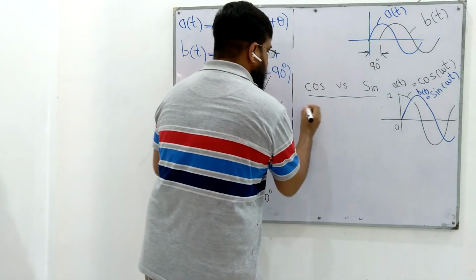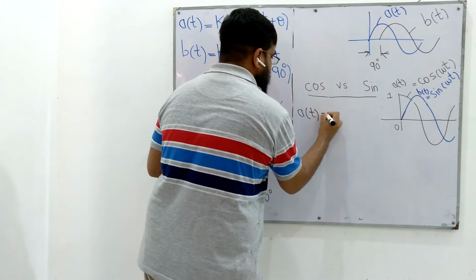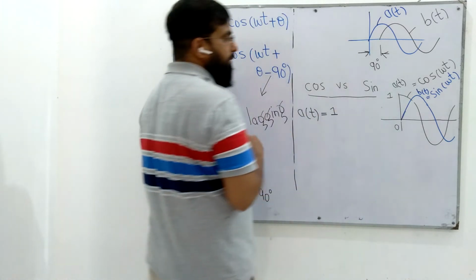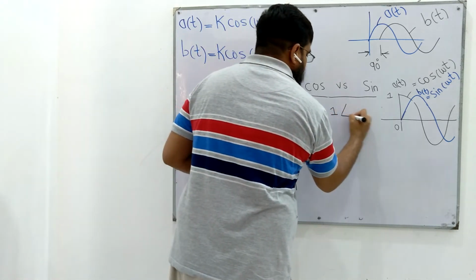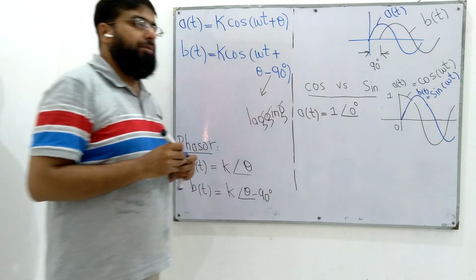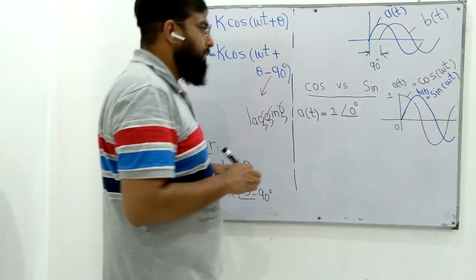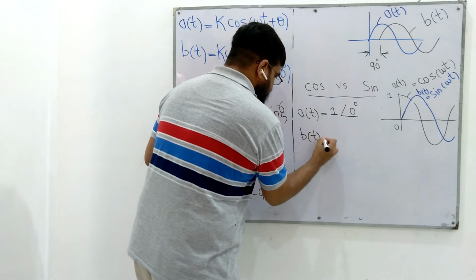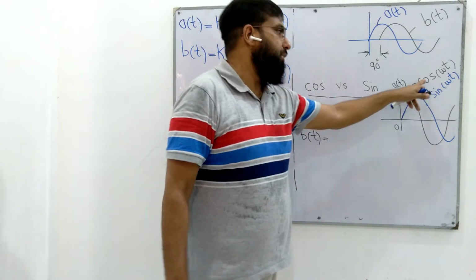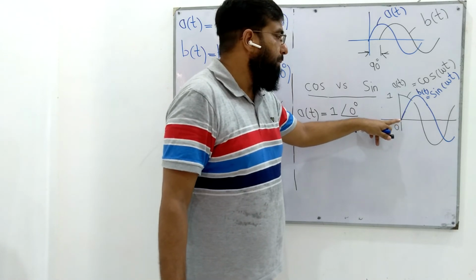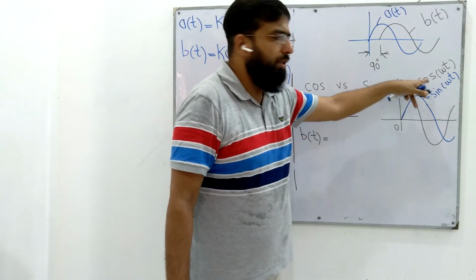So A of t can be written in terms of phasors as a magnitude 1 with no phase lag. This means 0, cos omega t is 0. But for B of t, the function is not cos, it's sine. So how can this sine be obtained? By using this cos.